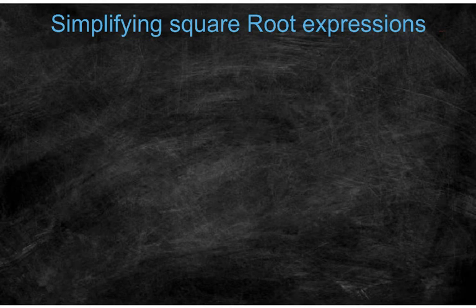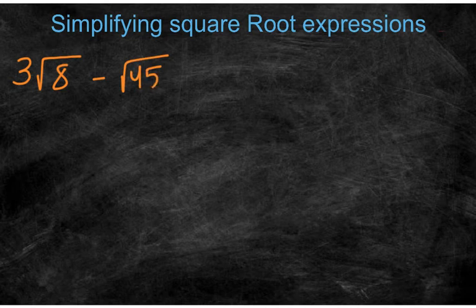Now we have this example. Simplify each expression: 3 square root 8 minus square root 45. Square root of 8 and square root of 45 are unlike radicals, so we can't combine them.